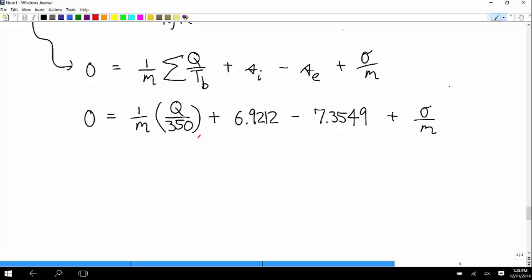You can re-express this as 1 over 350 times Q over m. Q over m is what we're given.